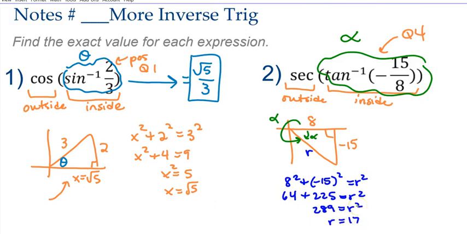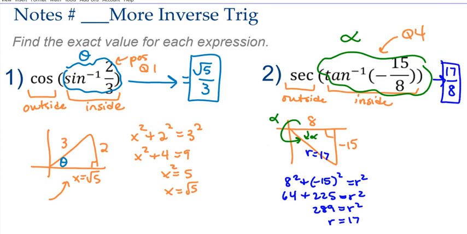So that worked out nicely. Okay, so we don't need to know alpha, we just need to find the secant of alpha. Looking at the triangle, the secant is the ratio of hypotenuse over adjacent, the reciprocal of cosine. So our answer would be 17/8.